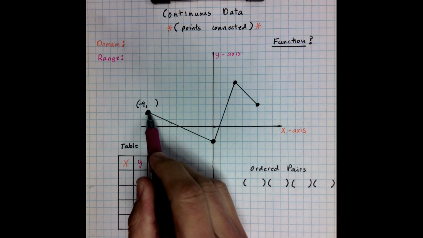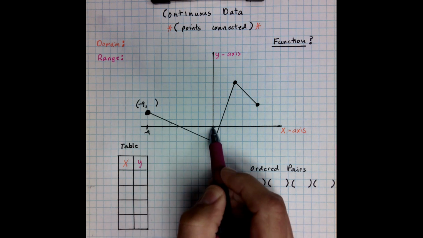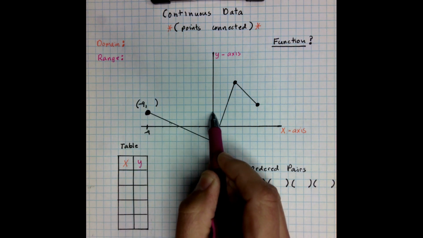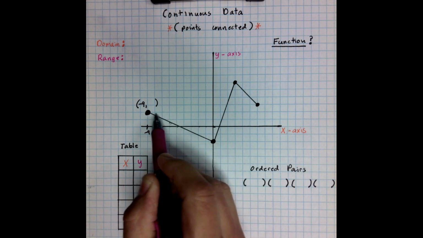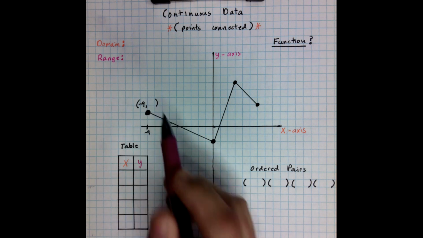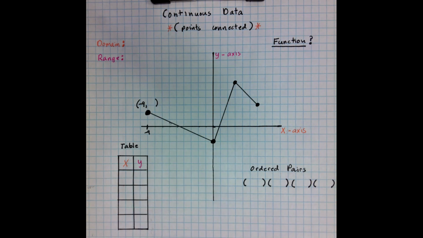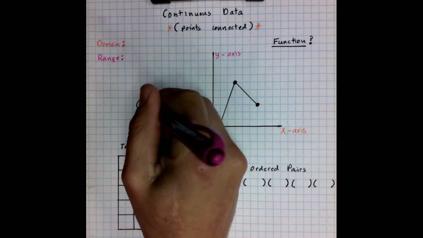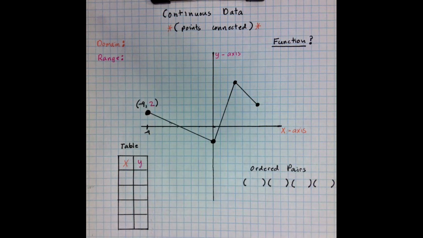If I start from origin, I go up 1, 2, and then it lines up with it. So we're going to put a +2 for that value. So I'm going to write 2.